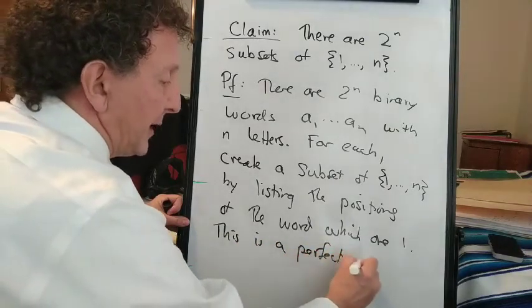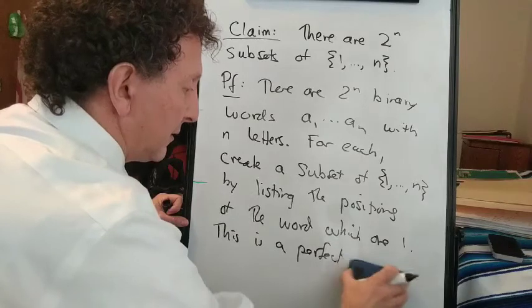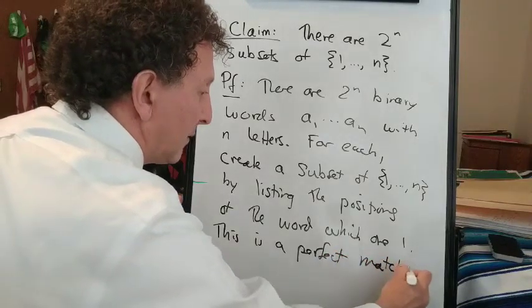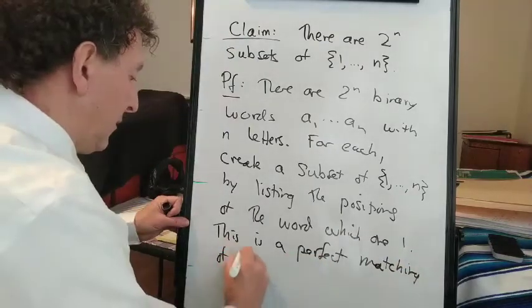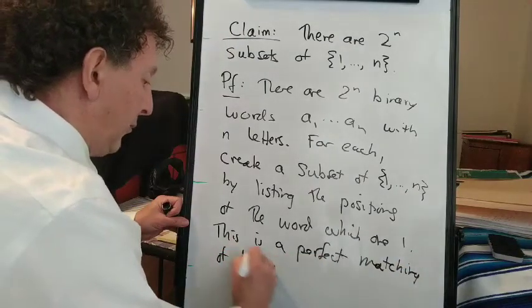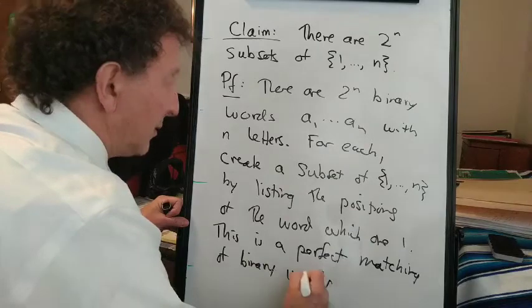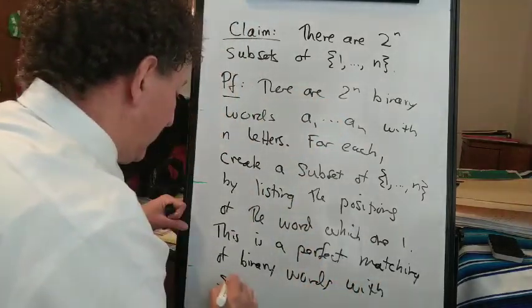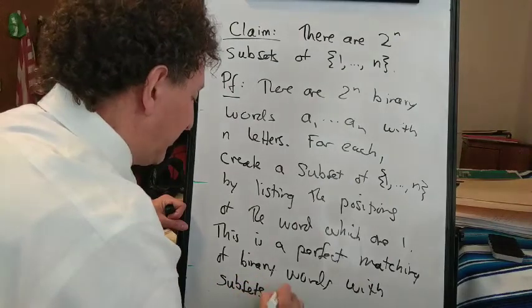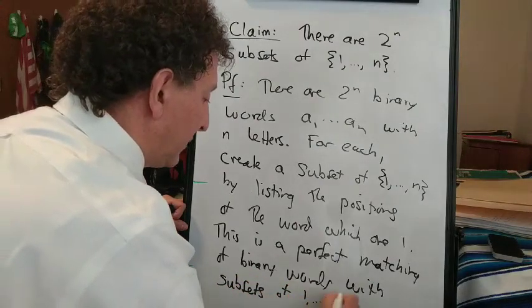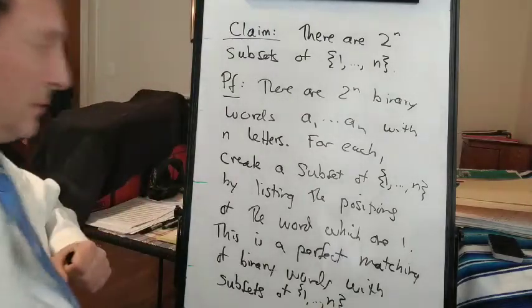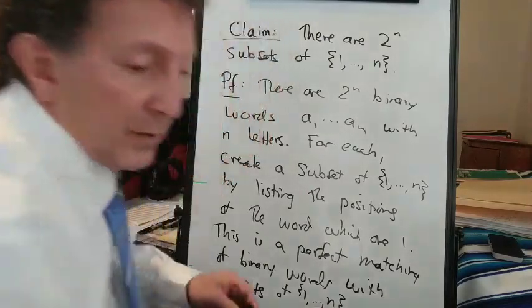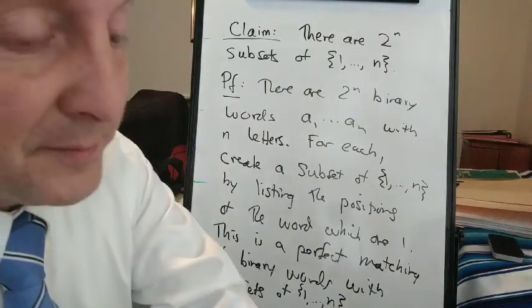And this is a perfect matching of binary words, we know there's 2 to the n of them, with subsets of 1 through n. So that's all there is to that.